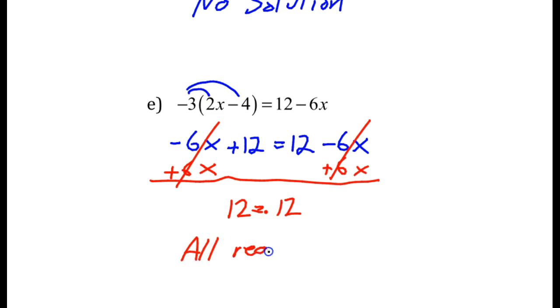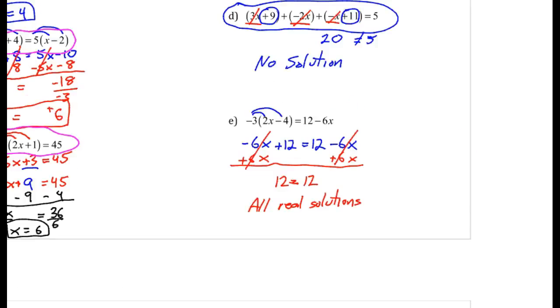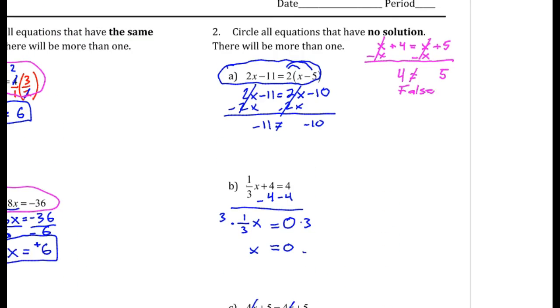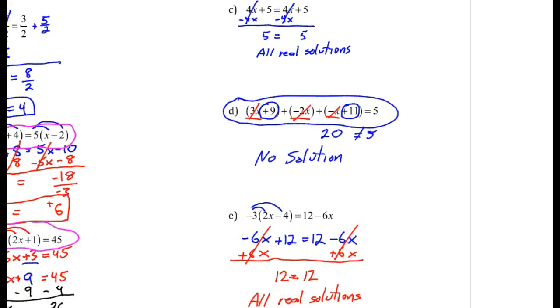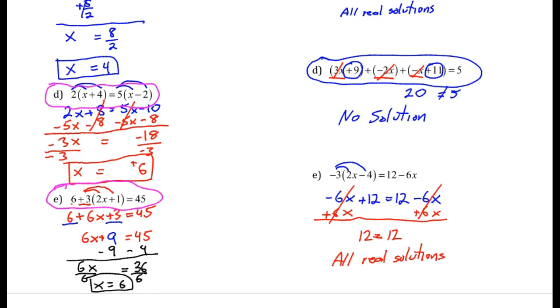So we don't want to circle this one. Only the no solutions we're circling. So you can see the difference now between a no solution and an all reals, and an answer of 0. So only A and D were no solutions. Okay, let's go to page 2.